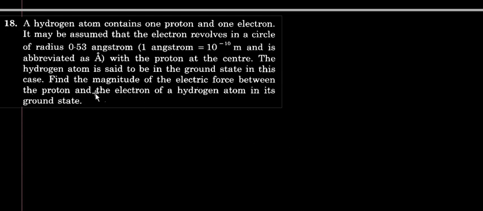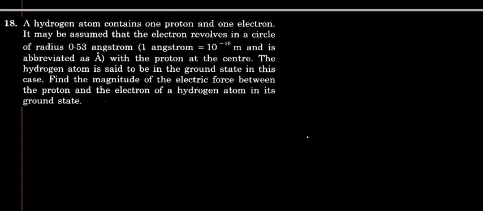So problem number 18. A hydrogen atom contains one proton and an electron. It may be assumed that the electron revolves in a circle of radius 0.53 angstroms. 1 angstrom, of course, we know is 10 to the power of minus 10 meters.